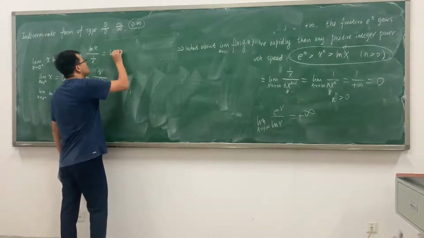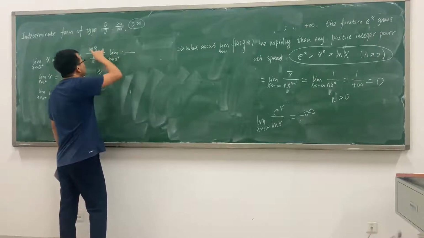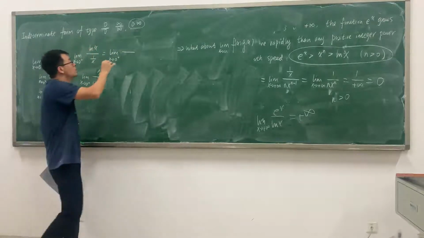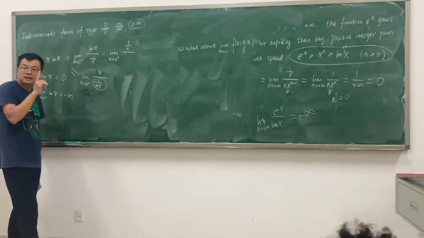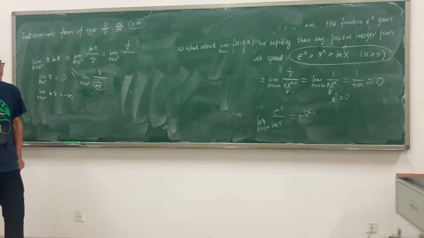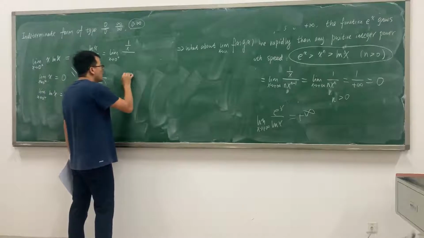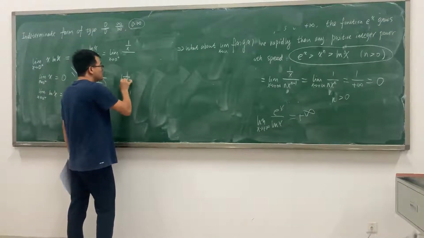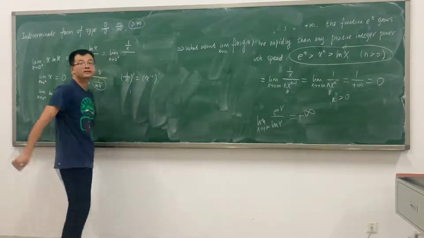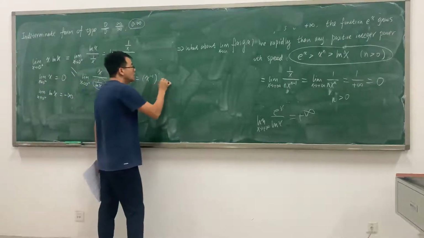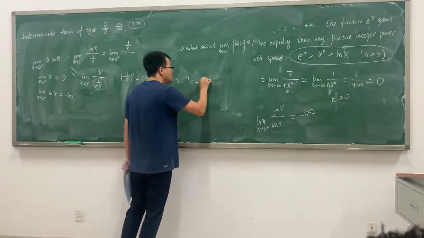So here is the limit as x approaches 0 from the right of ln x by 1 by x. The derivative of ln x is 1 by x. And the derivative of 1 by x? 1 by x is actually x to the power minus 1, so the derivative is minus 1 times x to the power minus 1 minus 1, so minus x to the power minus 2.